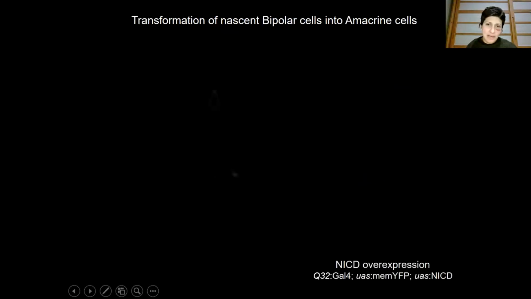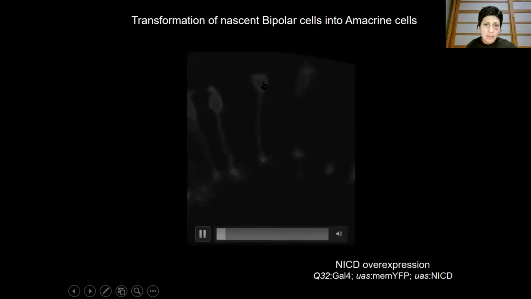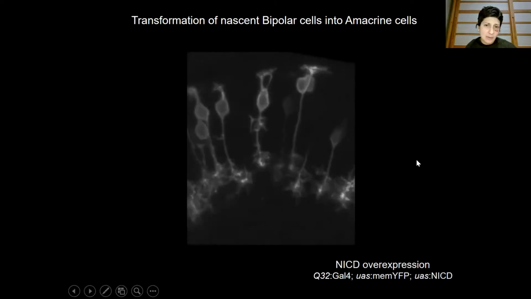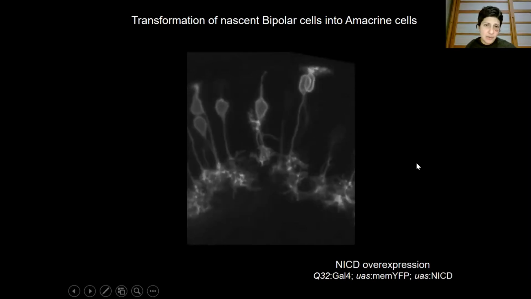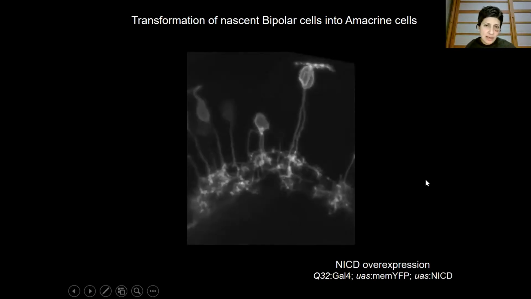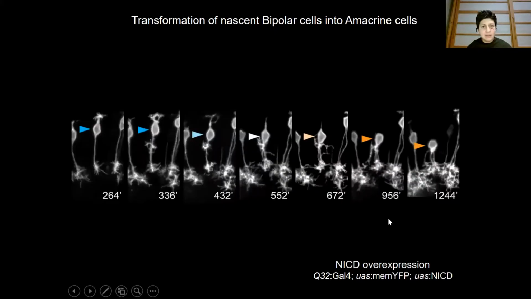And it might just be a coincidence, but we think not. We think that the transformation of nascent bipolar cells into amacrine cells may account for the increased numbers of amacrine cells we saw following Notch expression. And so here again is just a time-lapse panel of what you just saw in a movie.